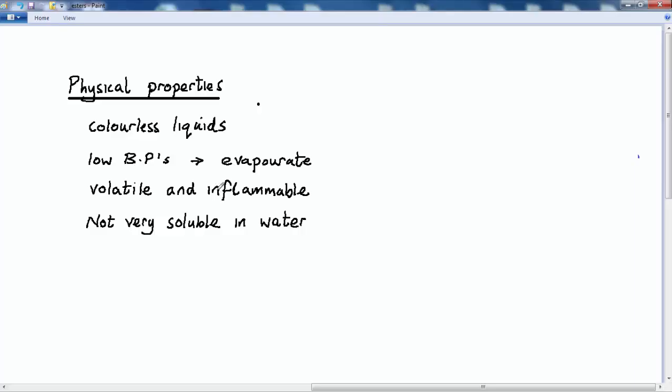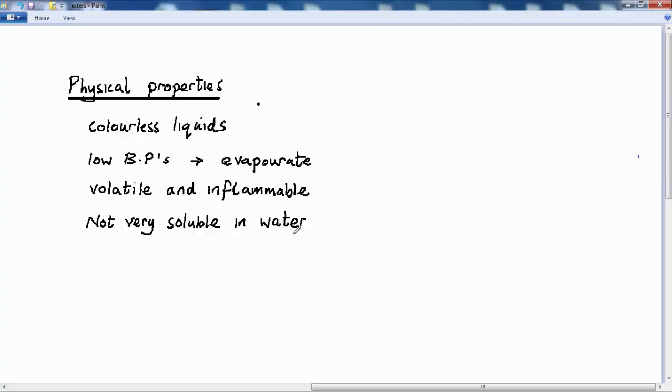That's really a chemical property rather than a physical property. Okay, so that ought to be in the chemical properties. And also they are, unlike the alcohols and the carboxylic acids from which they are made, not very soluble in water.